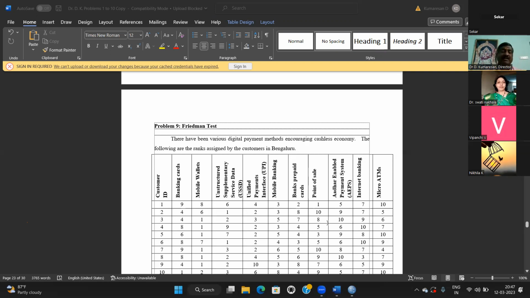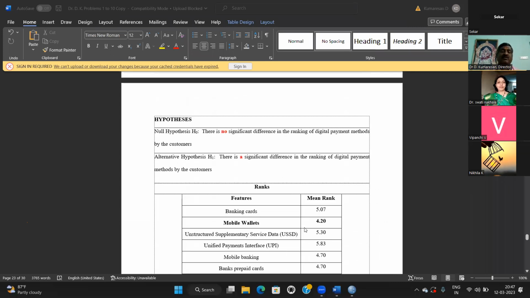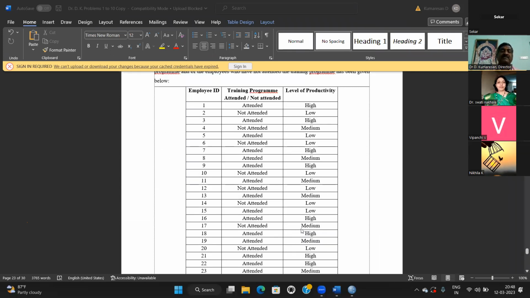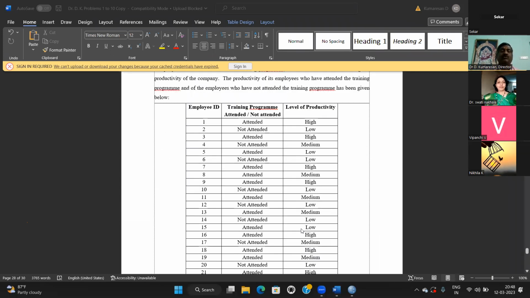Then come to the chi-square test. Last one, chi-square test. In this case, the data is 2, but dichotomous. Yes or no, attended, not attended. Yesterday, one of the participants asked whether the free voice calls have an impact on the utilization of internet, or some question like that was asked.